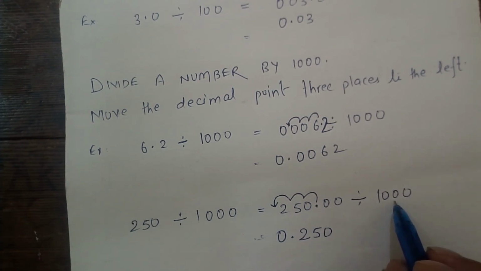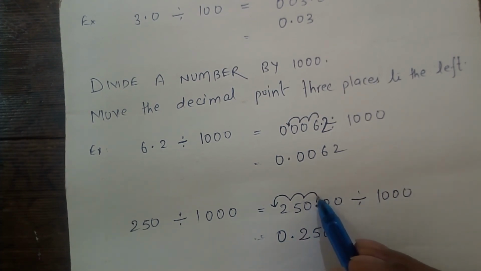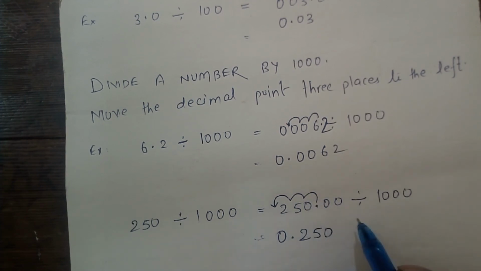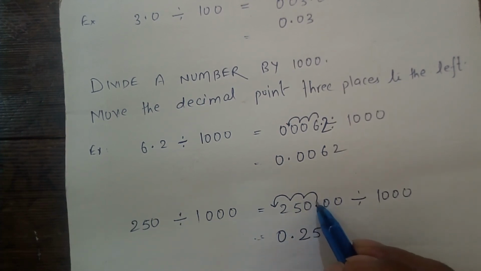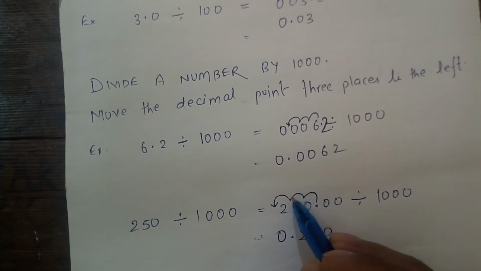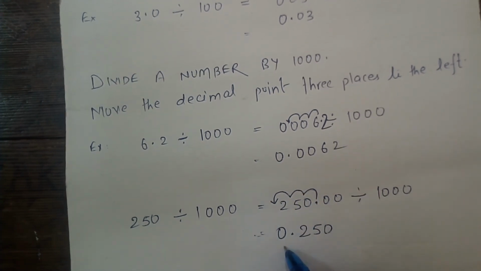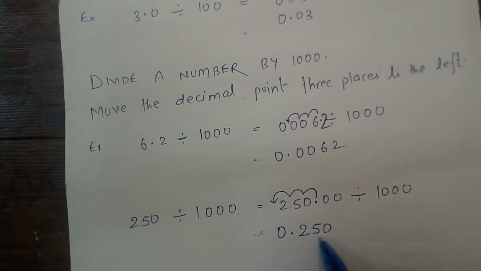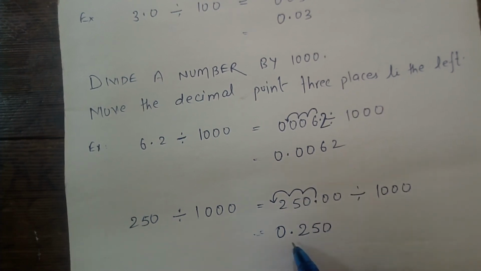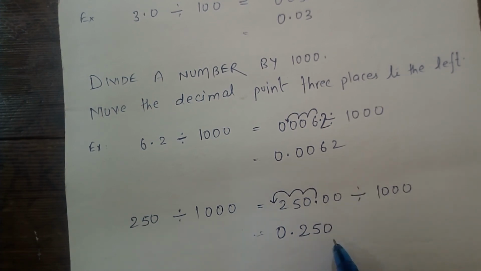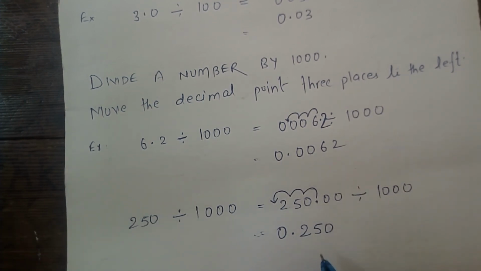So move the decimal point three places to the left. This is the first place, second place and third place. So your answer will be 0.250. 0.250 is your required answer for the given question.